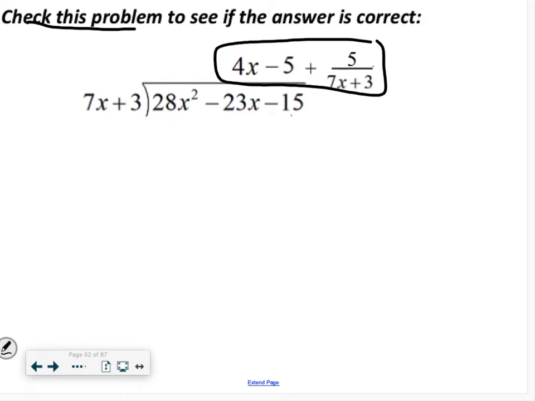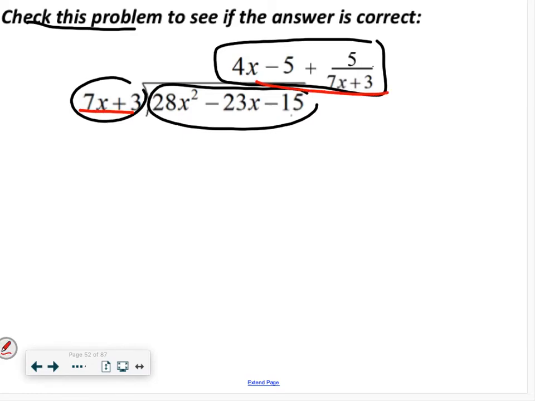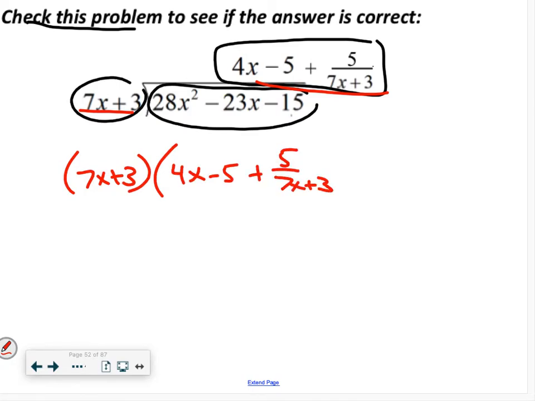So here, if 28x squared minus 23x minus 15 divided by this, does that equal that? Well, I can check by multiplying my answer by the divisor. So I would take 7x plus 3 and I would multiply by my answer, and if it's correct, I should get 28x squared minus 23x minus 15.